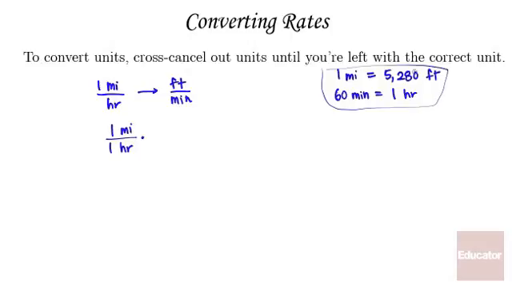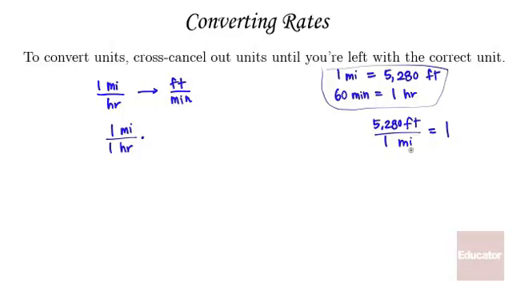Now, if 5,280 feet is the same thing as 1 mile, then 5,280 feet over 1 mile is going to equal 1, because this number and this are the same thing. We said they're equal. So this over this is equal to 1. Anything over itself is 1, right?